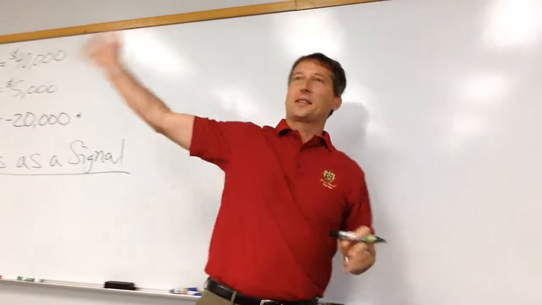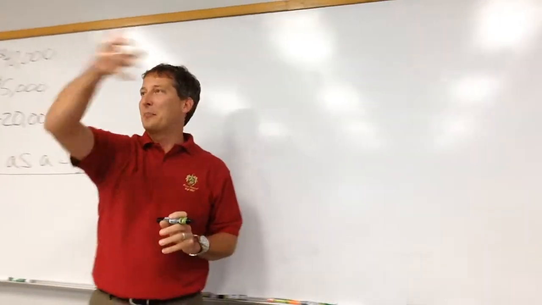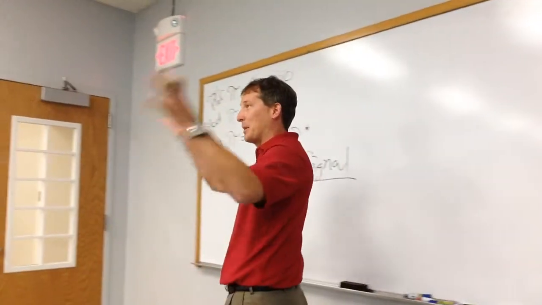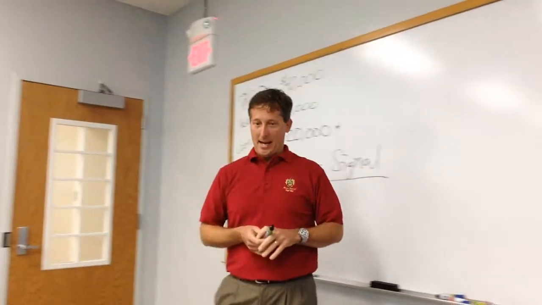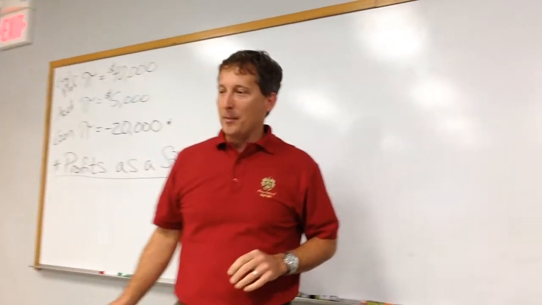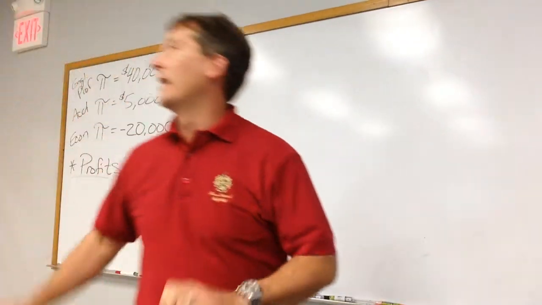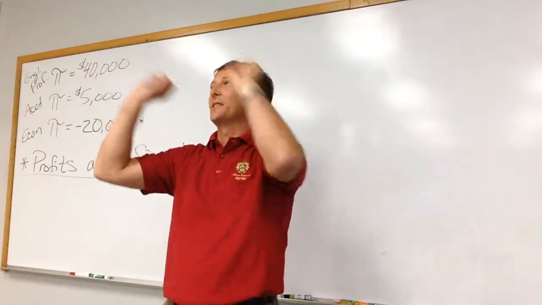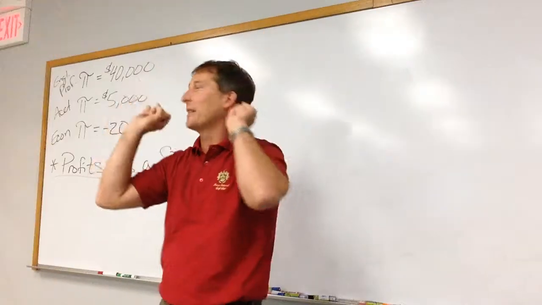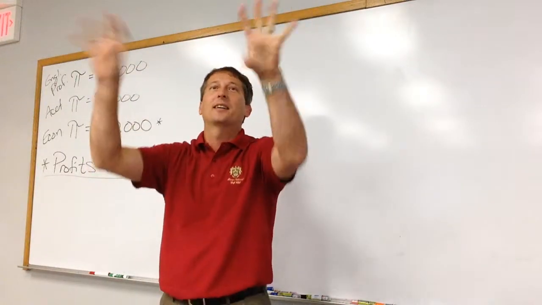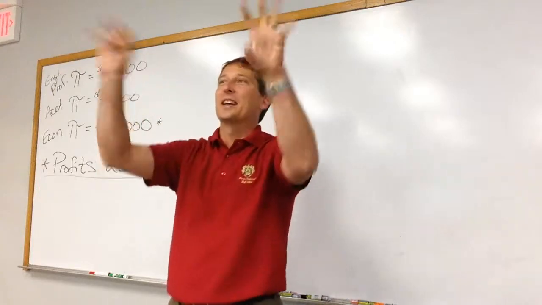Economists kind of treat profits like a big beacon of light. It's flashing information out to the marketplace in general. And when the economics professor is getting a negative 20, the market is flashing back the signal that the English professor is getting: you suck, you suck, you suck.